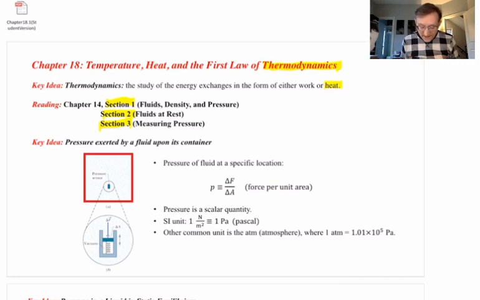And so the first key idea is basically defining the pressure exerted by a fluid upon its container. And what we have drawn here in red is a box that's hollow. And inside that box, we have a gas, for example, maybe oxygen that we have put into this container.